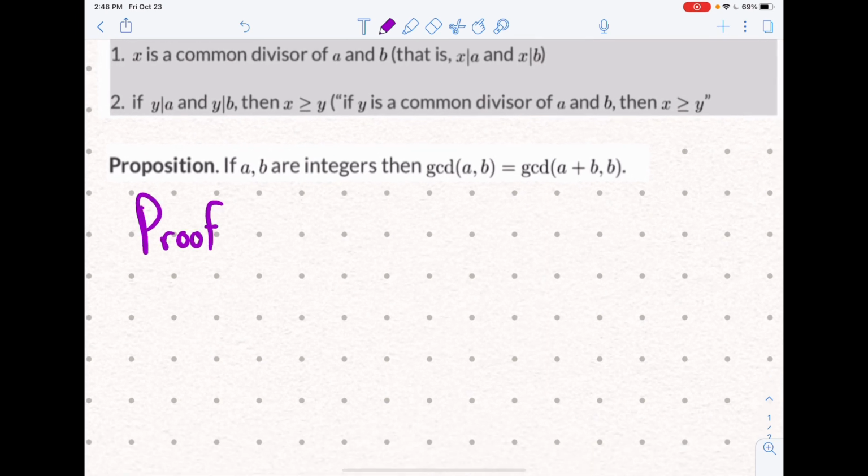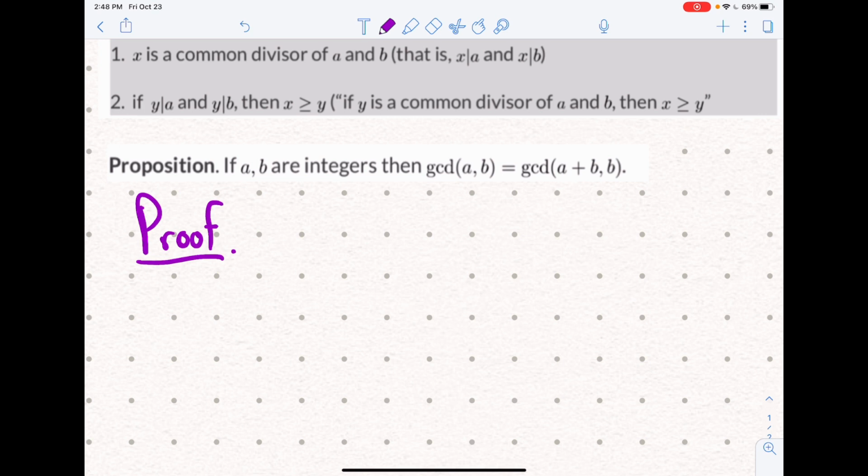The proposition says, if a and b are integers, then the GCD of a and b, the biggest number that goes into both a and b, should be equal to the GCD of a plus b and b.